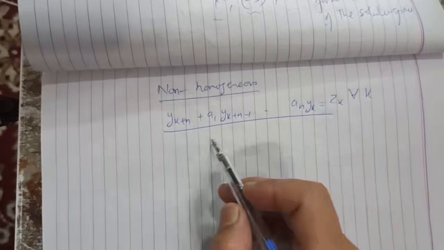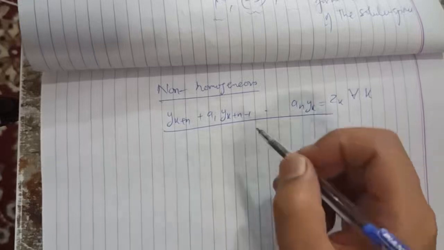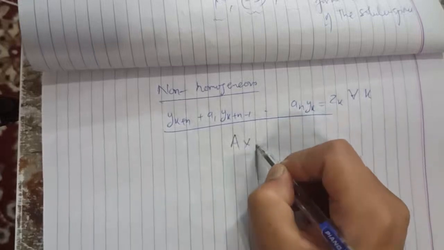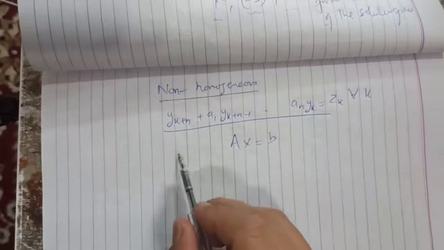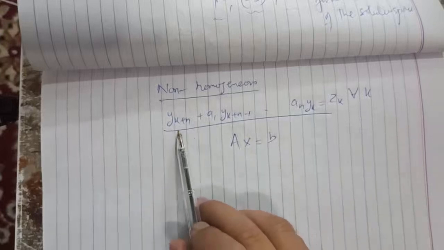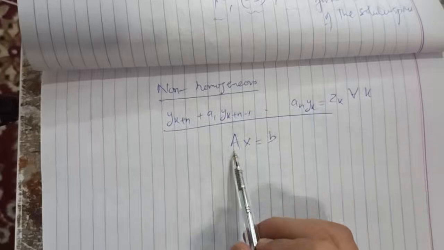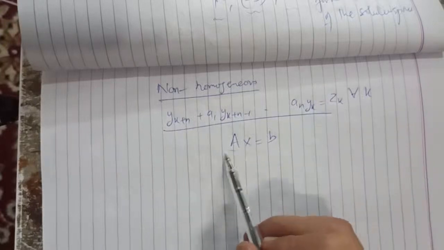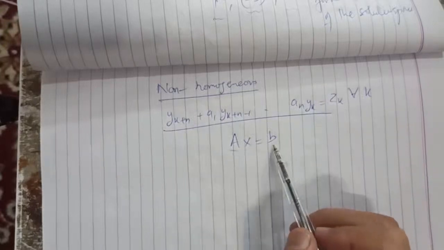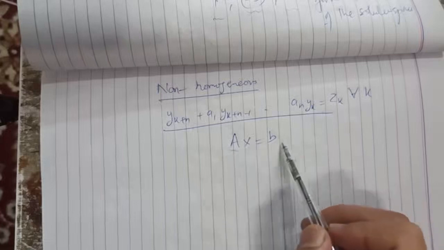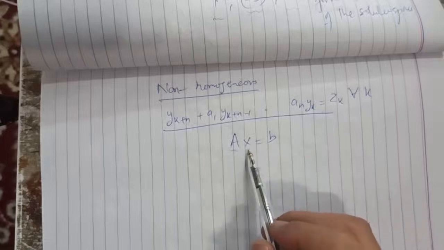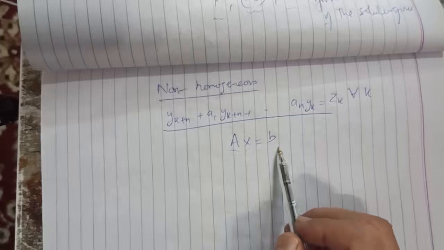Now this is very much similar to the scenario we were talking about, Ax equals b. We have a set of values in a given matrix A, and we want to achieve a transformation that translates this point x to b.